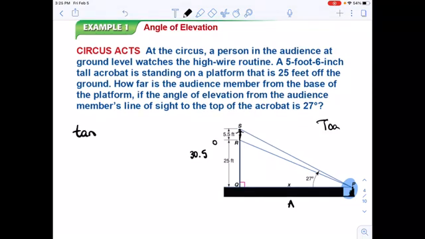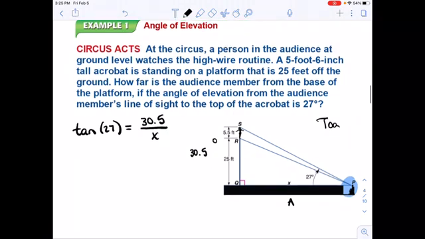So we have tangent of our degrees, 27, is equal to opposite, 30.5 over x, adjacent, okay? Now let's see, what are we trying to solve for? How far is the audience member from the base of the platform? Okay, so it doesn't tell us in inches or feet or anything. So because everything is currently in feet, we'll just leave it in feet.